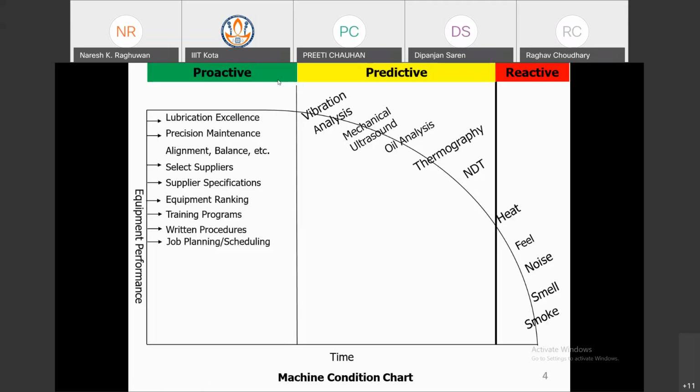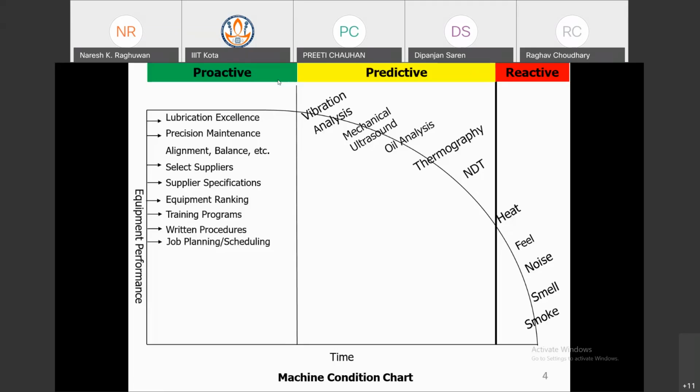Okay, so predictive means checking whether the machine is working properly or not. The first analysis technique is vibration analysis. Whenever there is a small change in the working of the machine, we can predict and analyze it through vibration analysis.